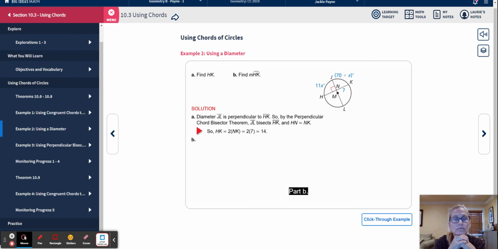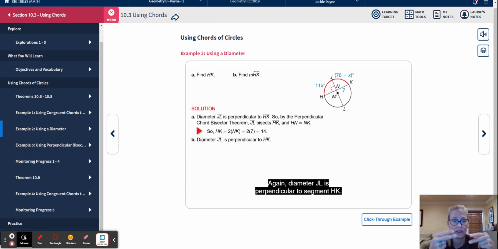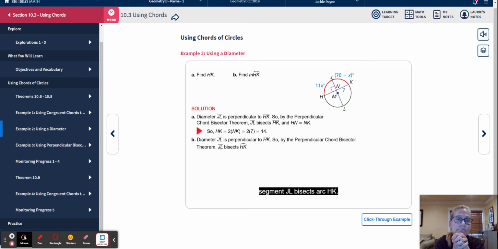Part B, locate arc HK in the diagram. Again, diameter JL is perpendicular to segment HK. So by the perpendicular chord bisector theorem, segment JL bisects arc HK, and the measure of arc HJ is equal to the measure of arc JK. Write the equation: the measure of arc HJ is equal to the measure of arc JK.